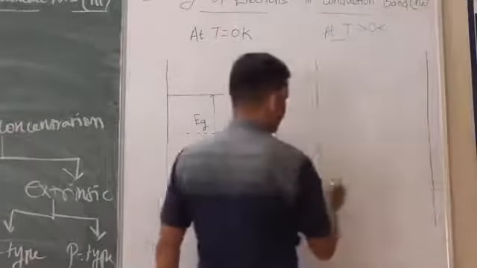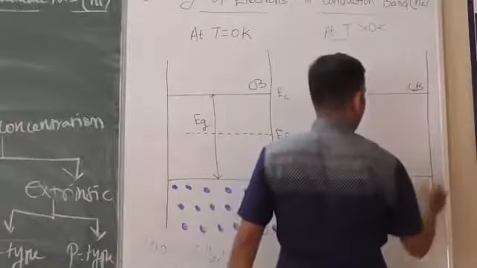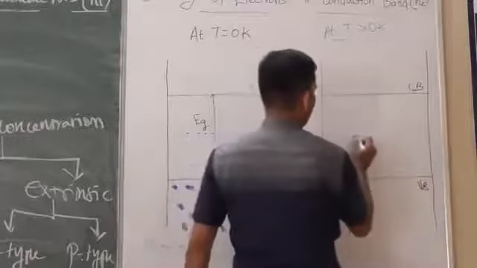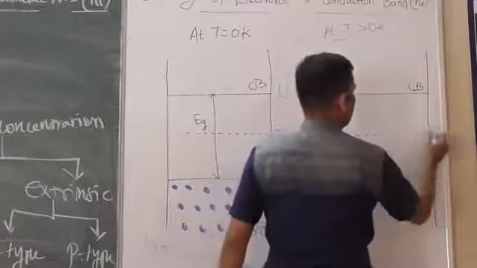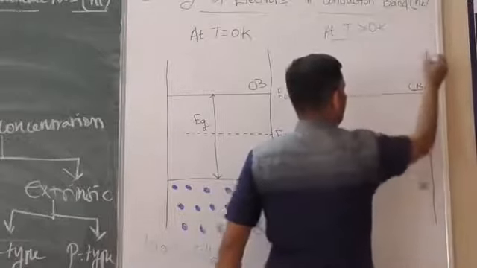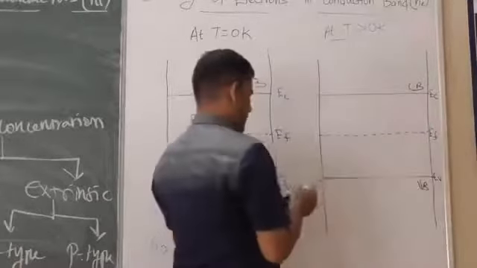In the semiconductor, we have the valence band, the conduction band, the Fermi energy level, the conduction band minimum energy level, and the valence band maximum energy level.